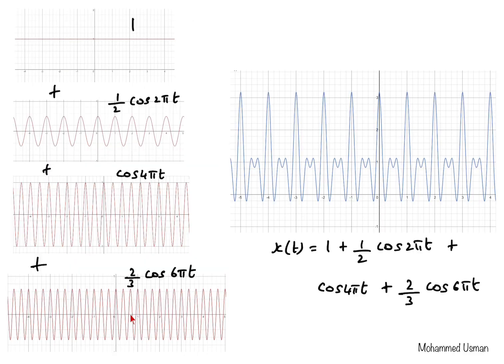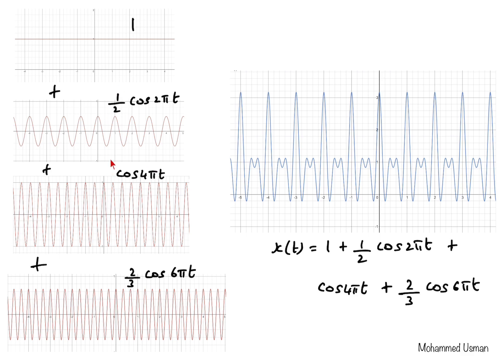Once we add all the four components, we get our signal x of t, which is the sum of those four components. What is important to note here is that when we're doing the Fourier analysis, we are trying to find out what are the frequency components present in the signal, and also what is the amplitude of each of those frequency components. For example, the 0 frequency component has an amplitude of 1 in this case. The 2 pi frequency component has an amplitude of 0.5, which is half.